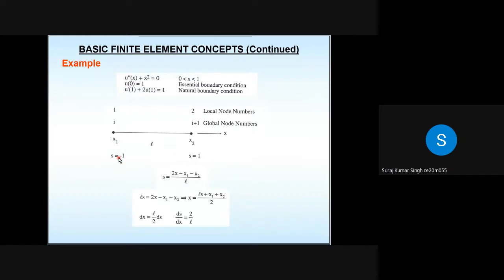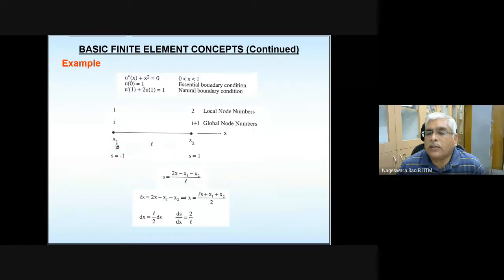That corresponds to this. And when you substitute x is equal to x2, s is equal to what? It's going to be 1. So this mapping is correct. There is no mistake in this. You need to cross check like that.